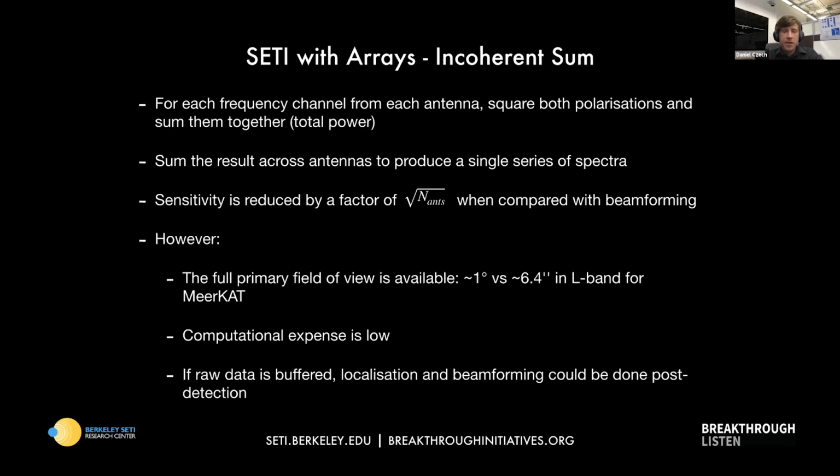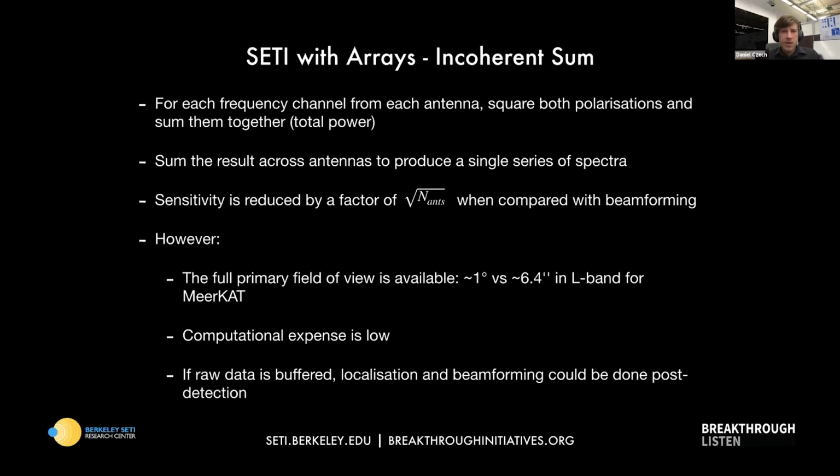But you get the full field of view, which is, in the case of MeerKAT, about 1 square degree, which is a nice large area on the sky, and any signals that you receive in that area will be detectable. It's also computationally cheap to do, and if you have the raw original data buffered, you can still do localization and beamforming post-detection. So this is another option.